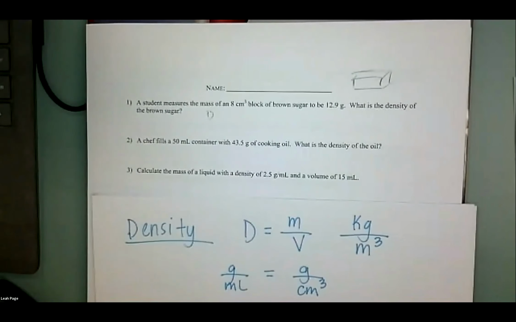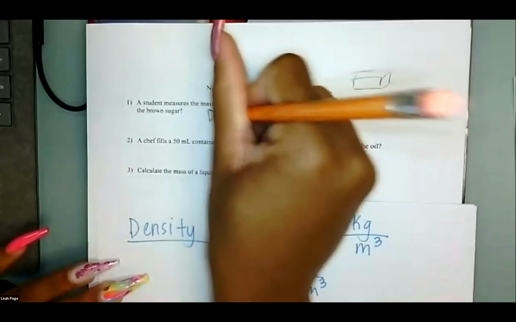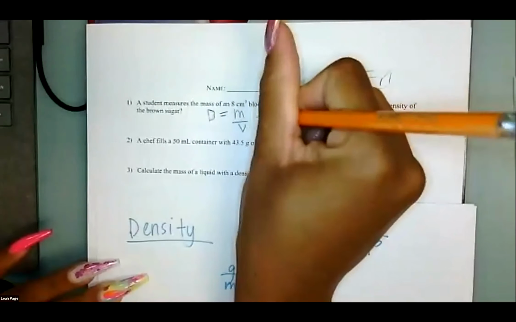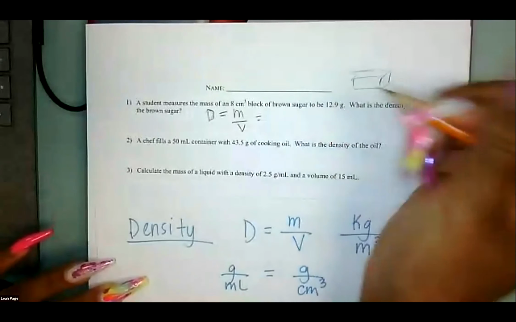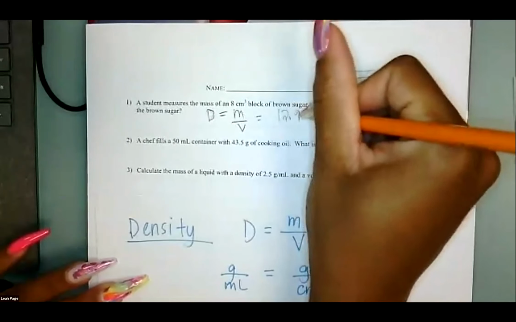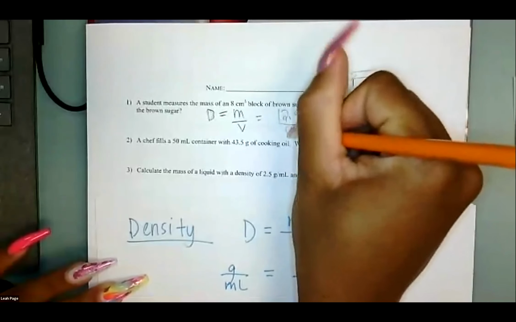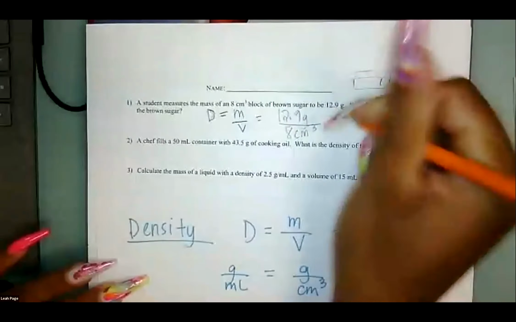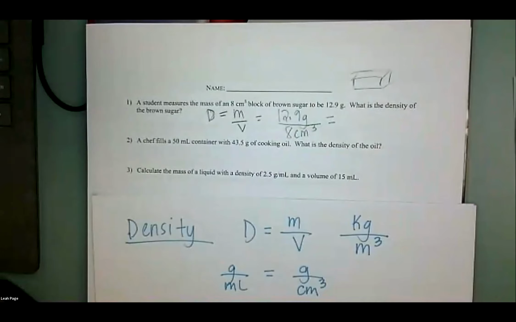Let's set it up. We're going to say density equals M over V. It's as simple as that: 12.9 grams divided by 8 centimeters cubed. The only thing we have to pay attention to now is our significant figures. When we're doing division or multiplication, the rule says the least amount of significant figures.